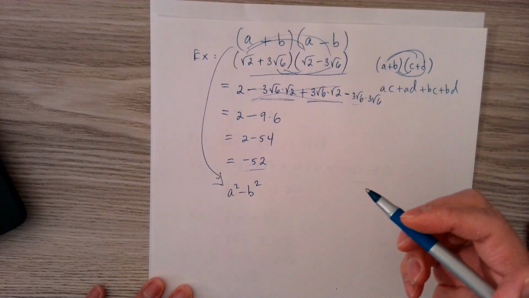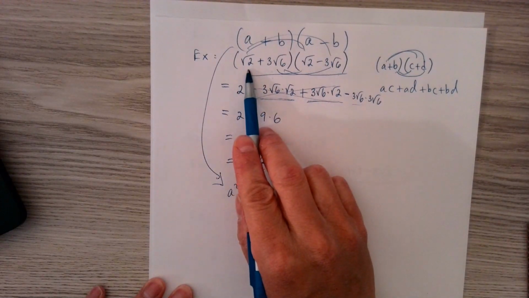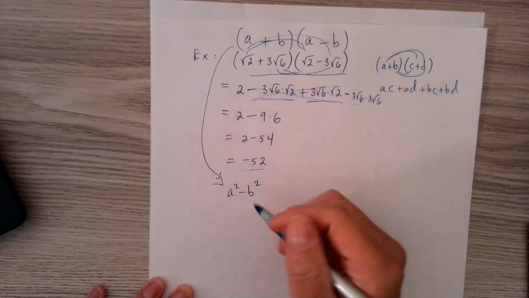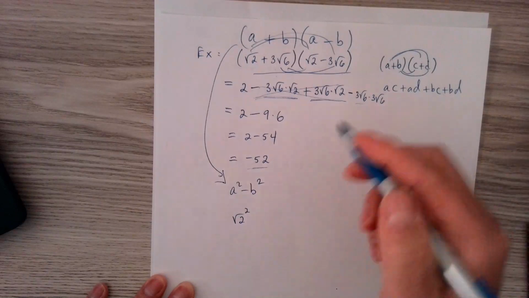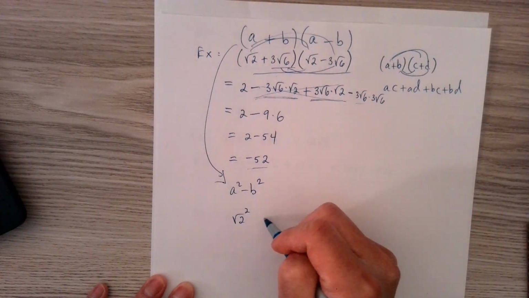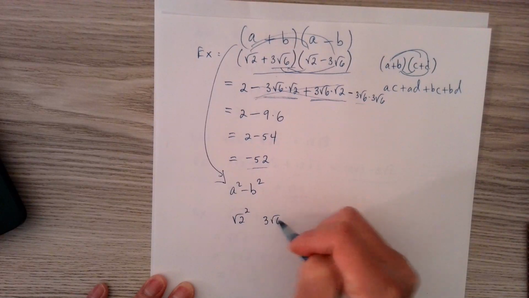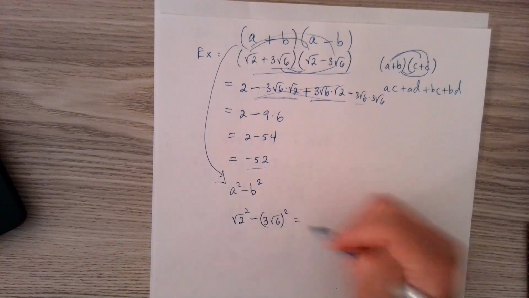So I can simply take my a, which in this case is rad 2, square it, take my b, which is 3 rad 6, square it, and subtract, and that should also give me negative 52.